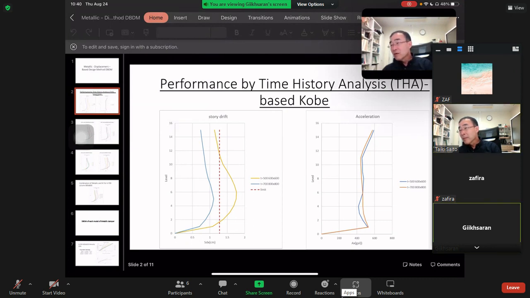And from this graph, wall thickness 700 is better than wall thickness 500.